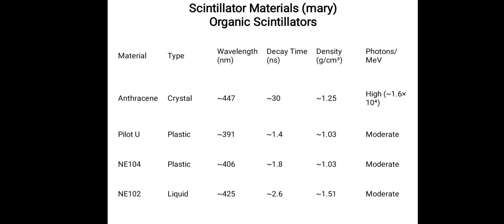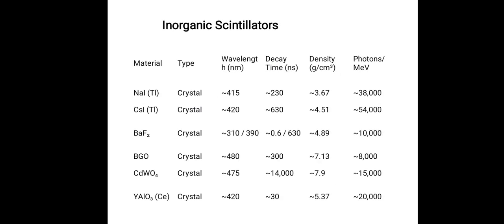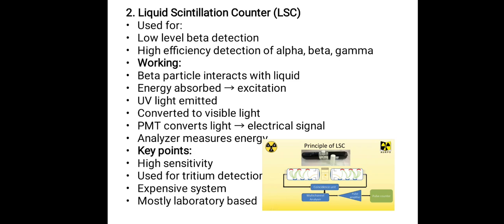This is the material used in scintillation detectors. Liquid scintillation counter, LSC, is used for low level beta detection, with high efficiency detection of alpha, beta and gamma. Working: beta particle interacts with liquid, energy is absorbed, UV light is emitted, converted to visible light, PMT converts light to an electric signal, analyzed to measure energy.